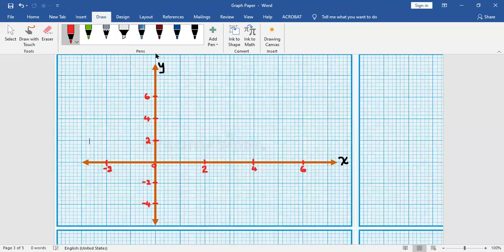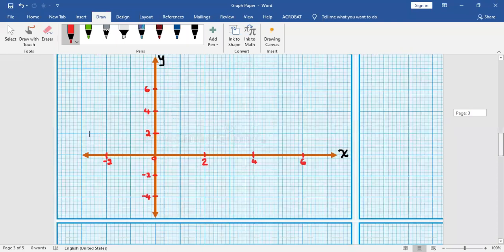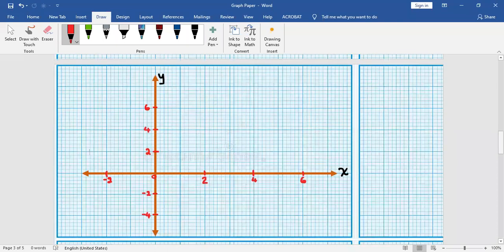We need to know what the x-intercept is. The x-intercept is at point (1, 0) and (5, 0). So let's go ahead and mark (1, 0).